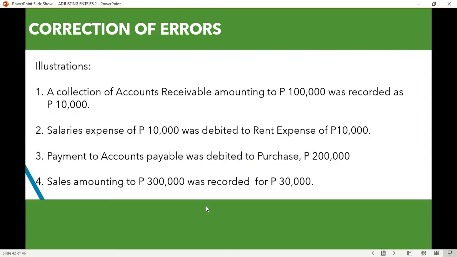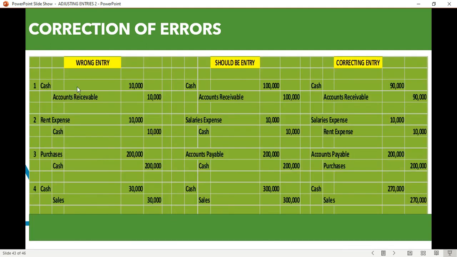Number 4: sales amounting to 300,000 was recorded as 30,000. So it's understated, no? So this is the wrong entry: cash 30,000, credit sales 30,000. And the should-be entry, or the correct entry, is a debit to cash 300,000 and a credit to sales 300,000.